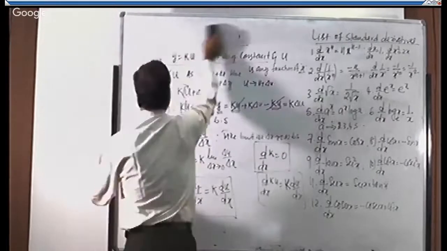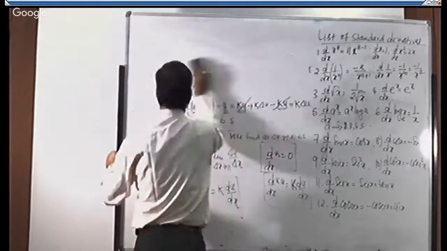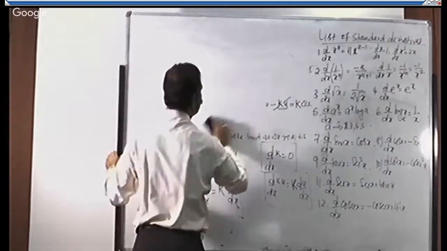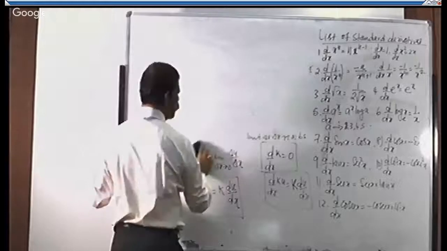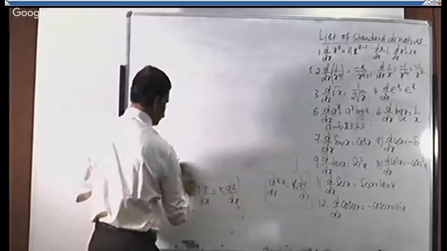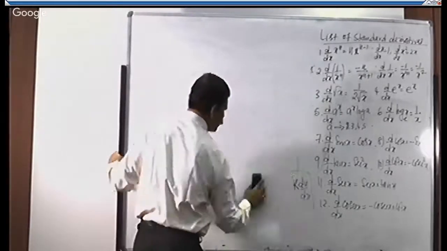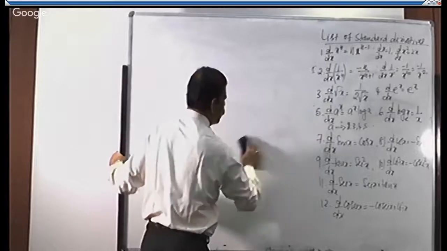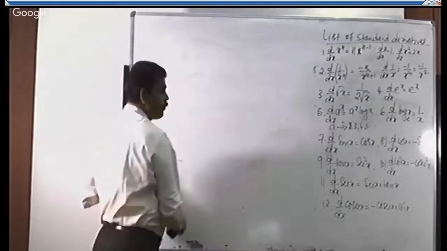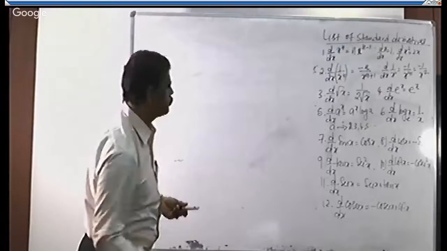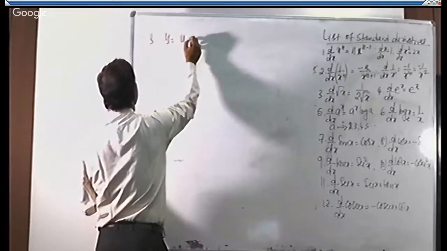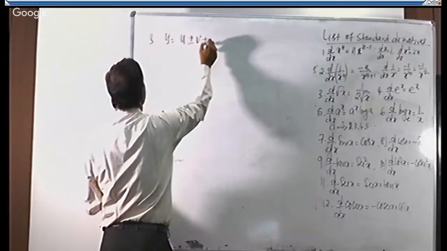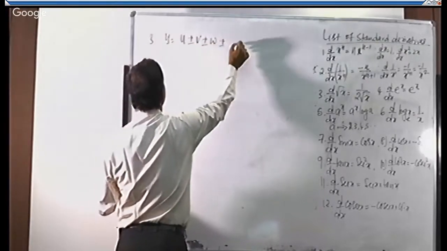Next, the third rule. Suppose two or more functions are in sum or difference form: y is equal to u plus or minus v plus or minus w plus or minus and so on.